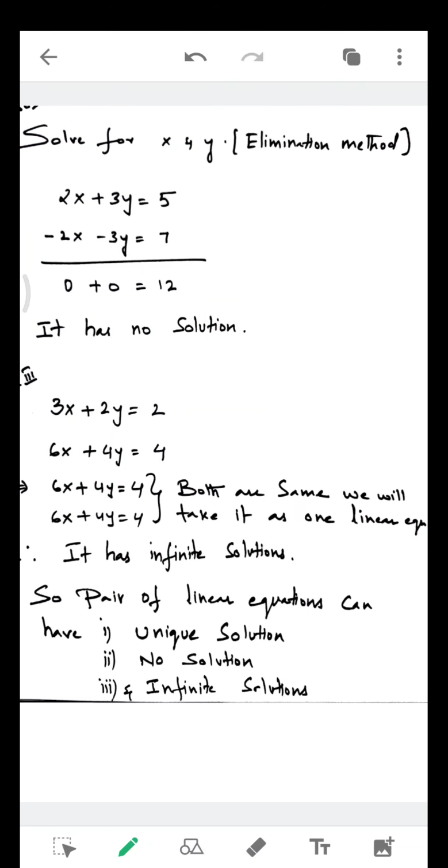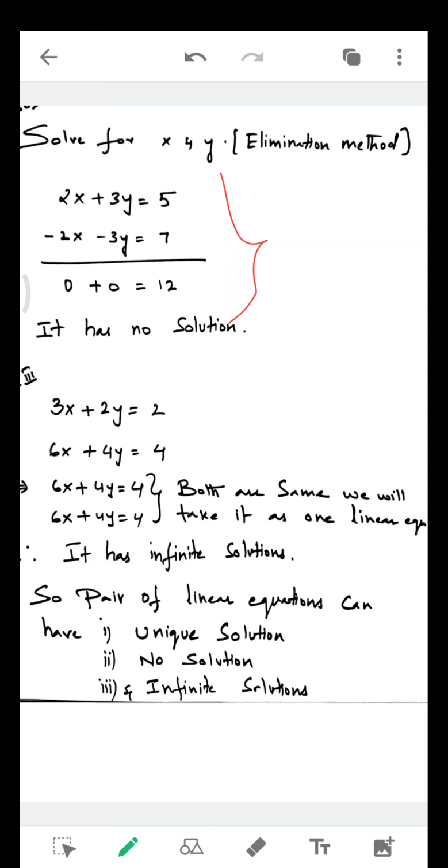So you can see one example here. Solve for x and y by using the elimination method. We have done many questions, and I gave you a lot of practice for this concept. Now let's see a question here. If I eliminate by addition, what can I eliminate?